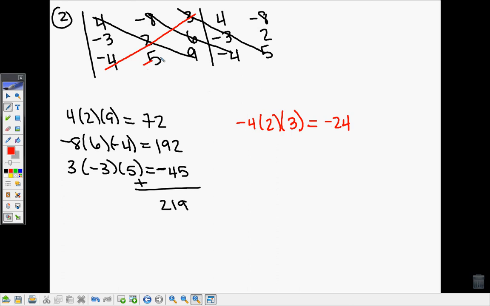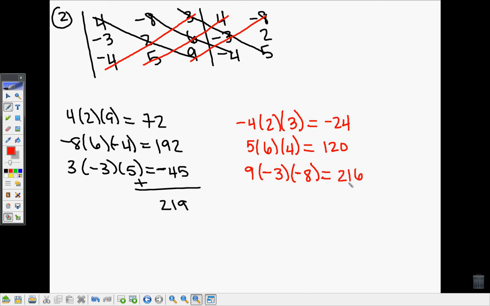The next diagonal, 5 times 6 times 4. 120. The last diagonal going to the right, 9 times negative 3 times negative 8. What's that answer? 216. So again, you're going to add those up, see what you get. 312.